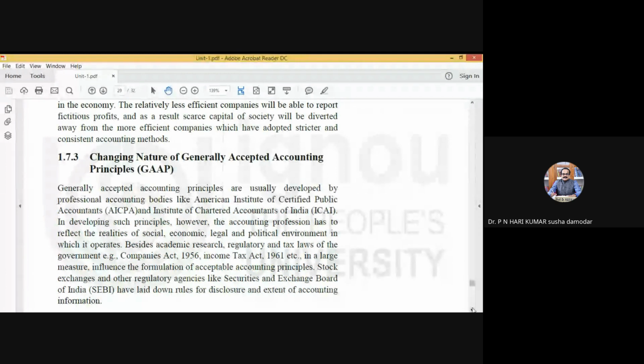So these are the agencies which specified certain methods, principles, rules and regulations for the preparation of books of accounts, and such books are accepted under the Companies Act 1956, the Income Tax Act 1961, and also SEBI.